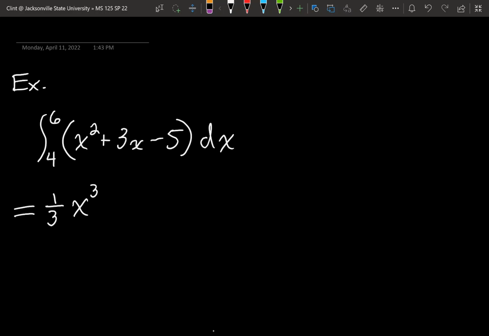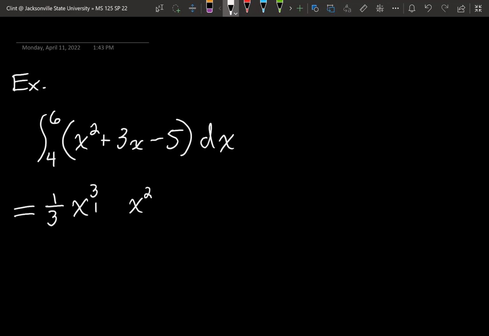So for the next part, 3x, we can use the same technique, the reverse power rule. We've got x. If we add 1 to the exponent, we'll get x squared. And then we need to divide the coefficient by our new exponent.